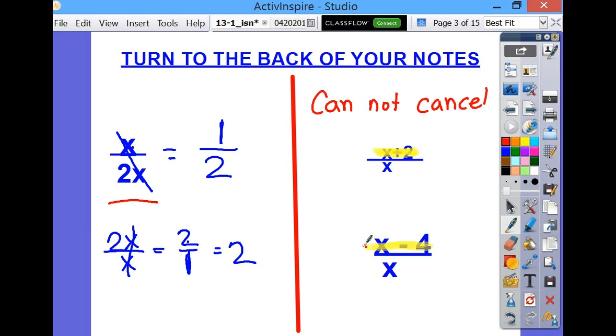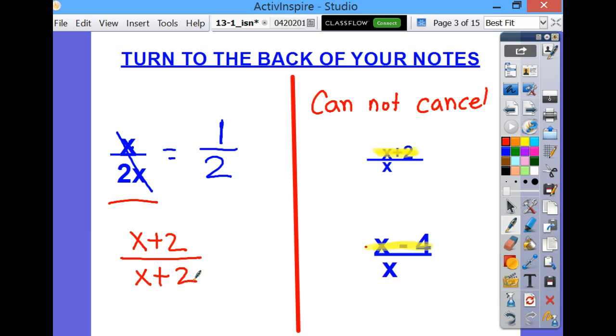But back over here on this other side, what if I have this? Anything cancel there? Since it's X plus 2 on top and X plus 2 on bottom, I can cancel the whole thing. But I just told you couldn't cancel if there was adding glue.